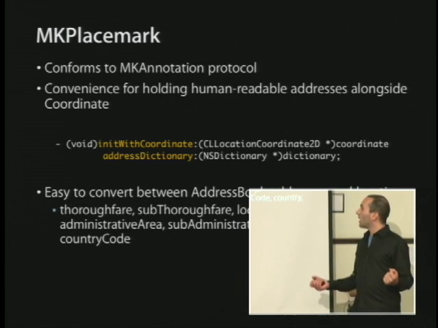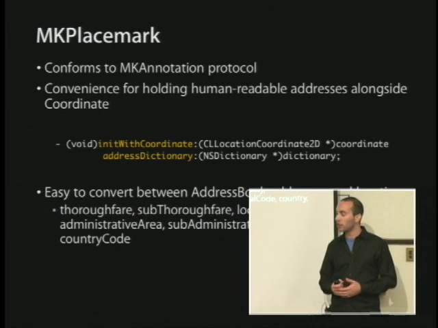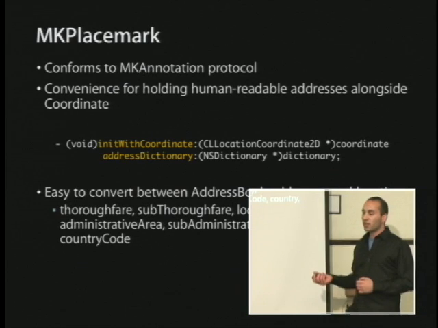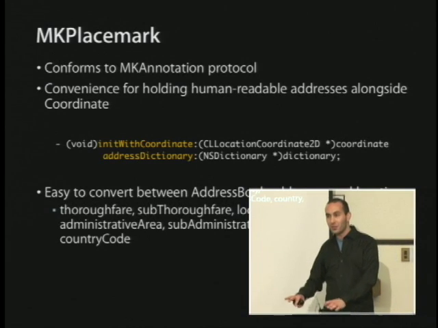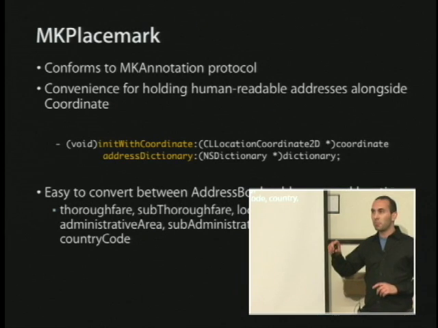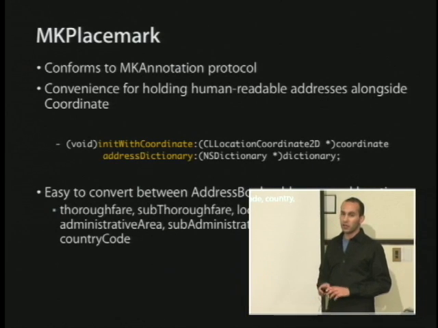And here's the init method. It takes a coordinate and optionally a dictionary. These dictionaries convert, if you're using an address book, which we're going to learn about in the next class on Tuesday, there are convenience methods for mapping from somebody's address in address book to an address dictionary.